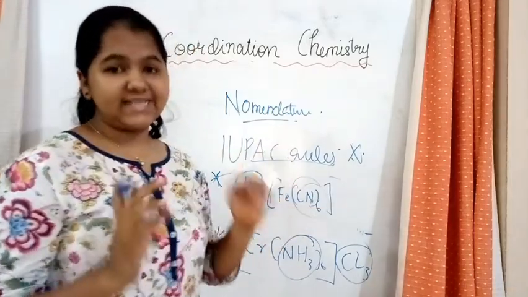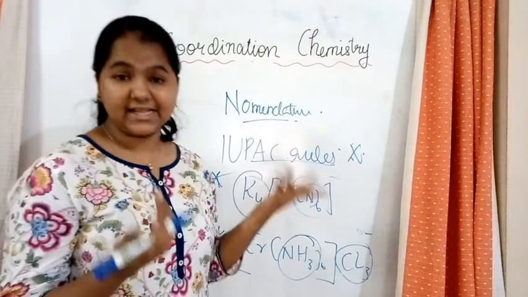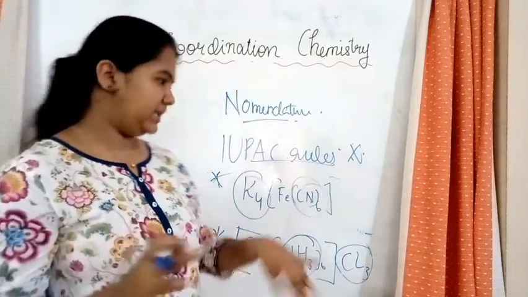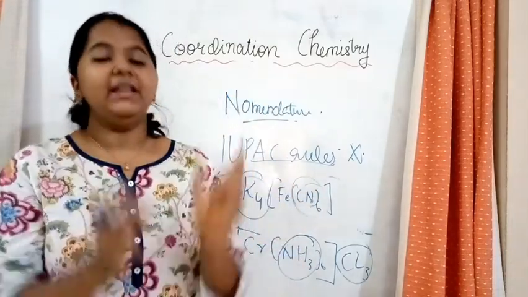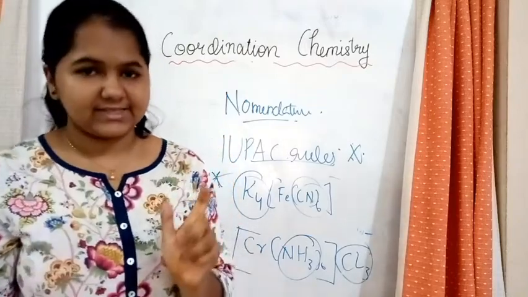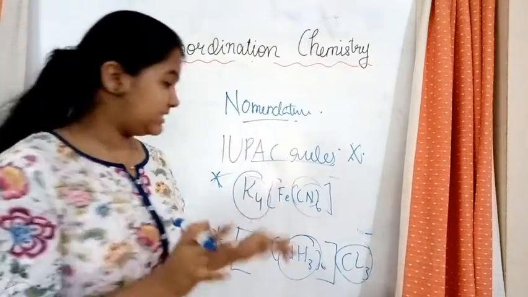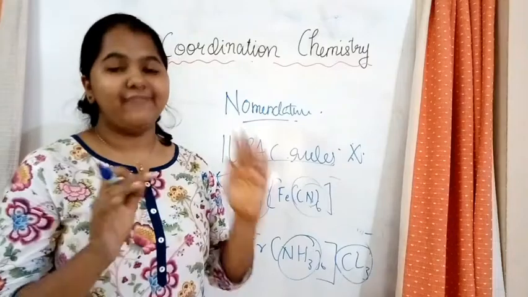Over here, what is CN6? I'll give you the list, you will understand that. So you will write the name of that and then you will write ferrate. Now, you won't write it as iron, you will write it as ferrate.